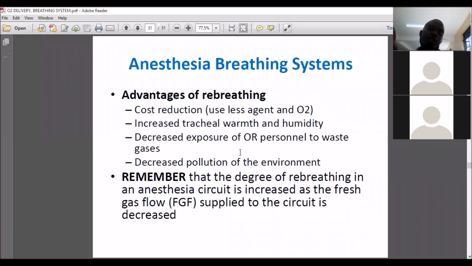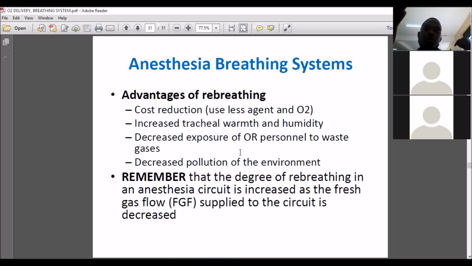Advantages of rebreathing. What are the advantages of having a semi-closed system? One, there is cost reduction because we use less oxygen. I'm supplying less oxygen. Increased tracheal warmth and humidity. This patient is not losing his warmth and humidity through the air because it is coming back and taking back the humidity and the temperature.